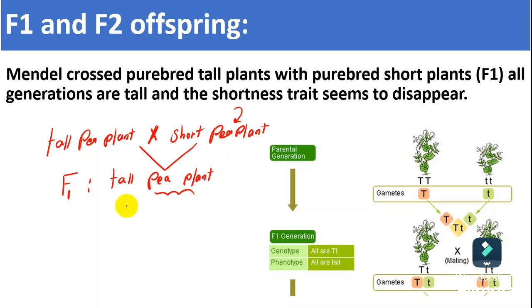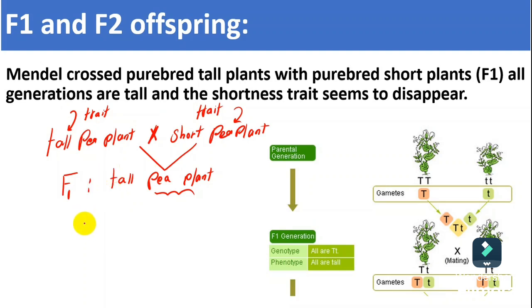This is related to the strength of the trait. We have two traits now. One of them is a tall pea plant, and the other one is a short pea plant. Both of them are traits. But the scientists of genetics proved that one of them is a strong trait, and the other one is a weak trait.